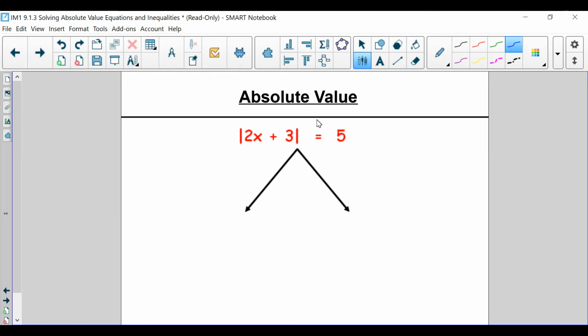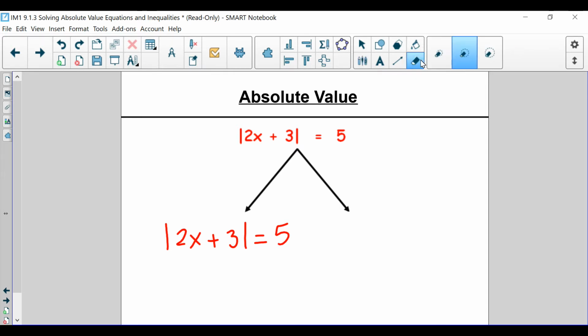Now that we know that, we're going to talk about this part right here. We've got a little bit more complex of an equation, but it's still solved the same way. We still have the absolute value of 2x plus 3 is equal to 5, but we can think about it in terms of possible solutions. How do you think about it?